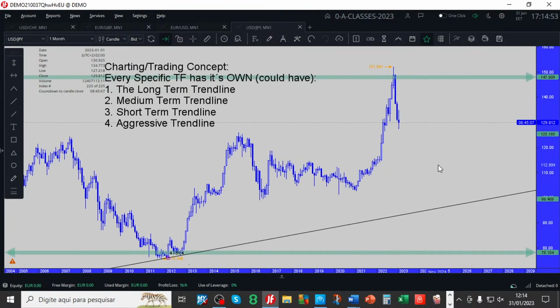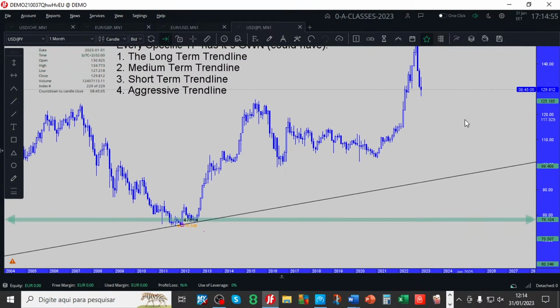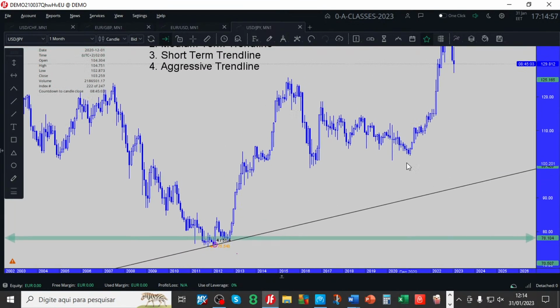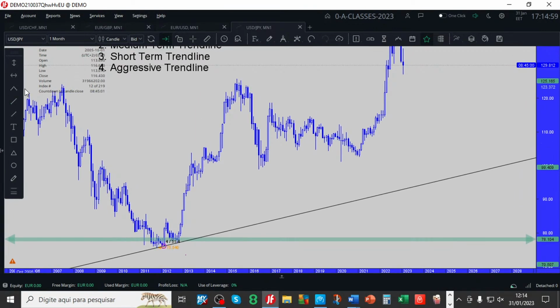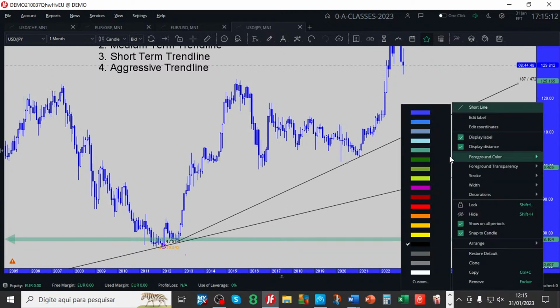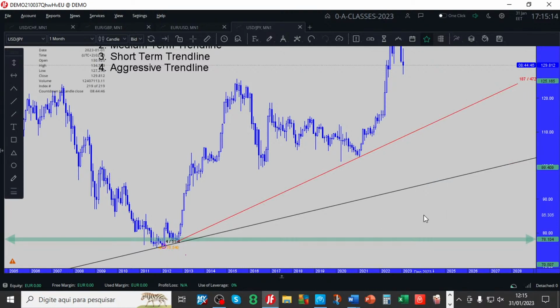Now, if this is the long-term uptrend line, then what is going to be the medium-term trend line? I'm going to connect this low with this low. Is the red one correct, everybody? Clara says yes, Julius says yes, talking about the long-term trend line.